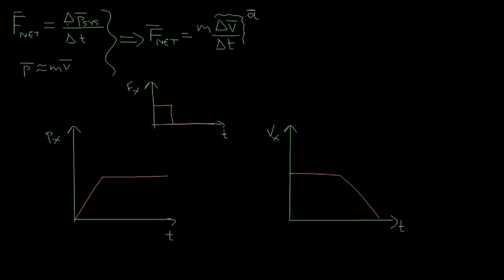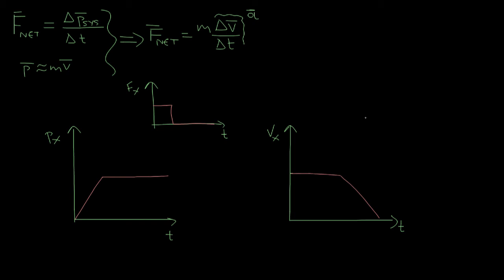Now, instead of using this expression, I need to see what's the relationship between the net force and velocity. So I have to move here. The net force is equal to the mass times delta V over delta t, the rate of change of velocity with respect to time. Now, in terms of graphs, this is just the slope of the velocity time graph. So the net force depends again on the slope of velocity versus time.